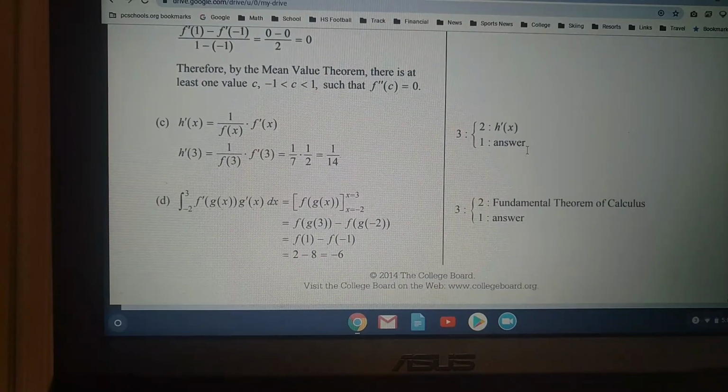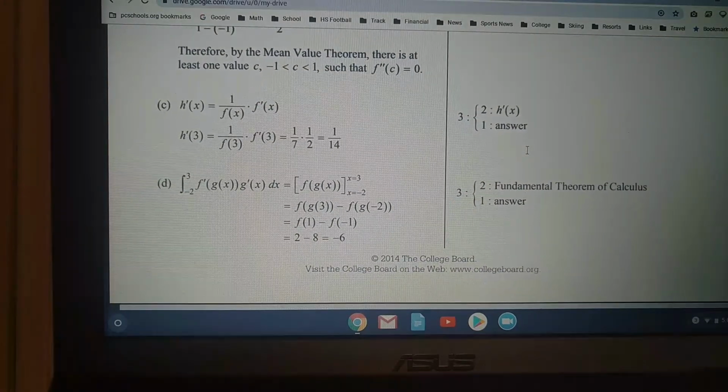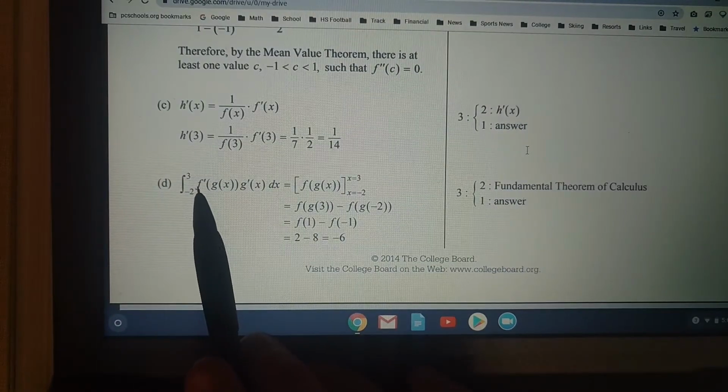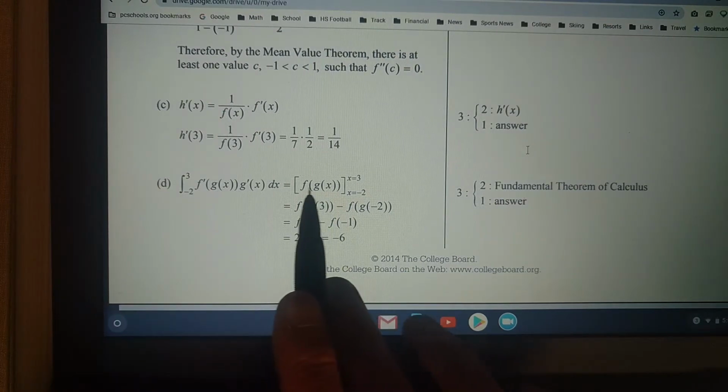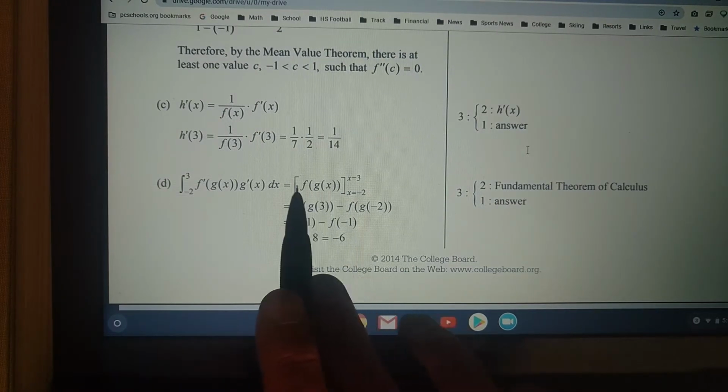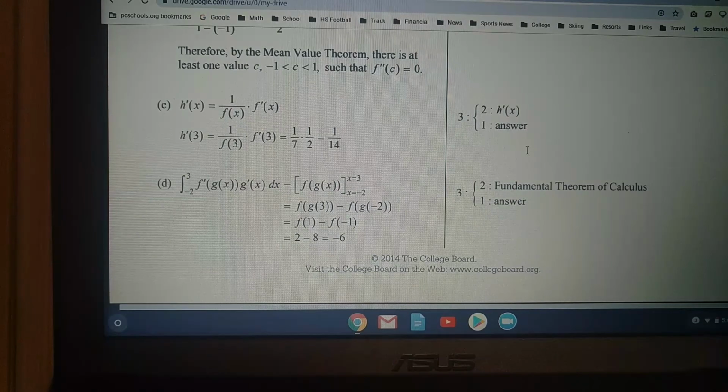Okay, then for D, if we see the fundamental theorem of calculus on display here, then you get 2 points. Your fundamental theorem of calculus on display is basically knowing that when we take this integral here, we get this inside of our evaluation.